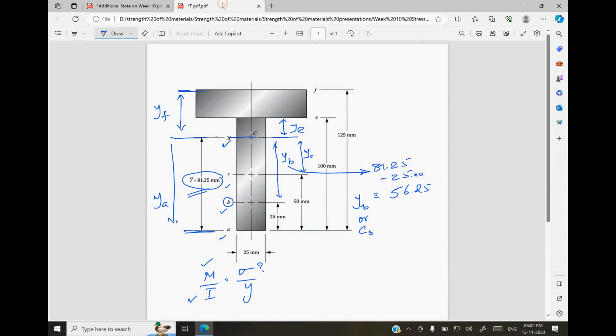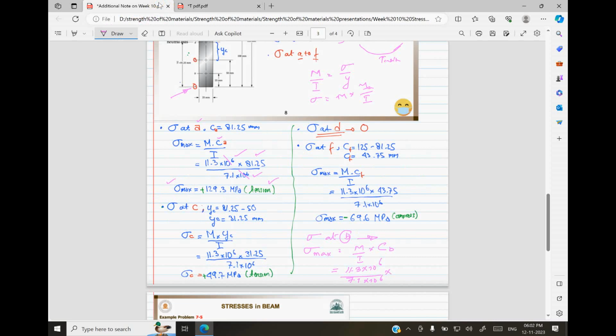We calculated it here, 56.25. So 10 to the power of 6 is gone. 11.3 divided by 7.1 multiplied by 56.25 gives me 89.5.